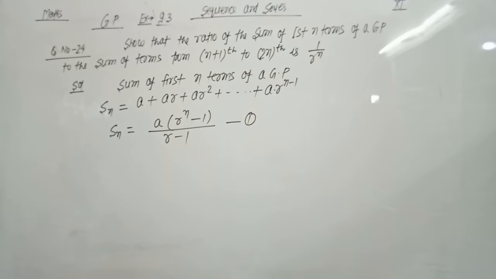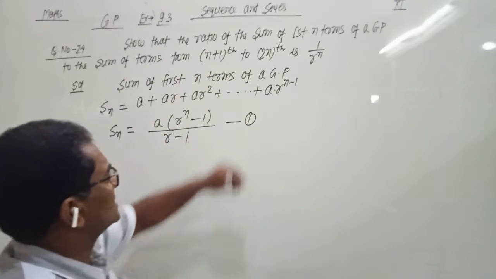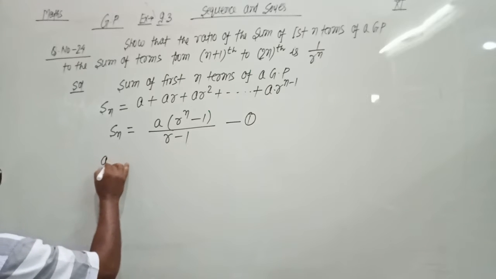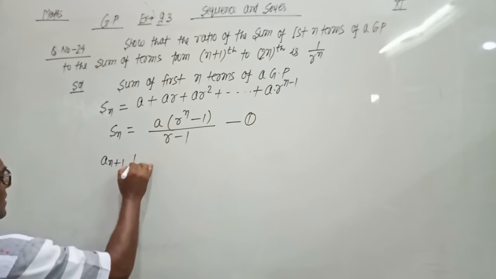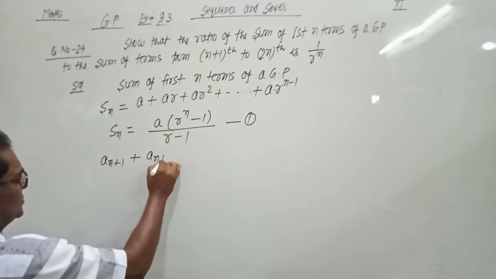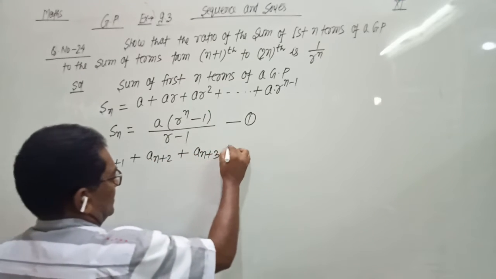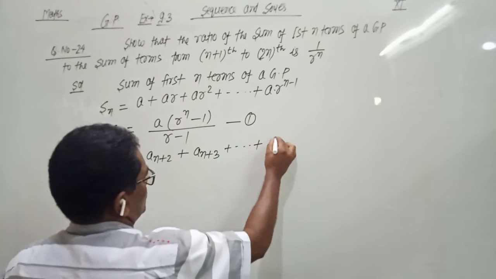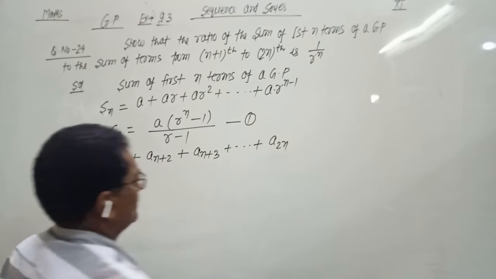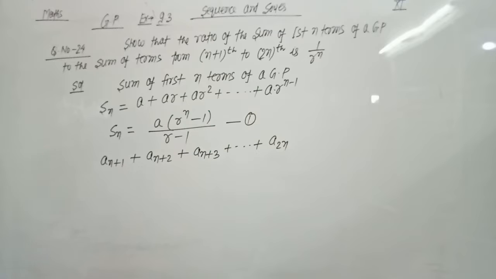Now the sum of terms from n plus 1th means a n plus 1 plus a n plus 2 plus a n plus 3 plus dash dash up to 2nth term, means a 2n.